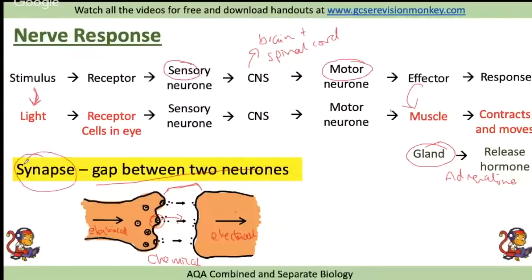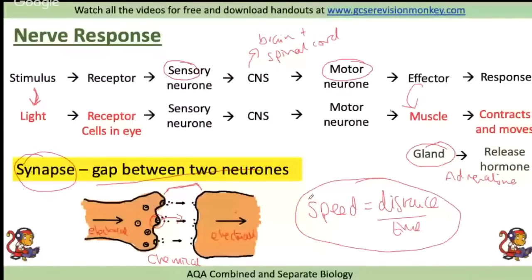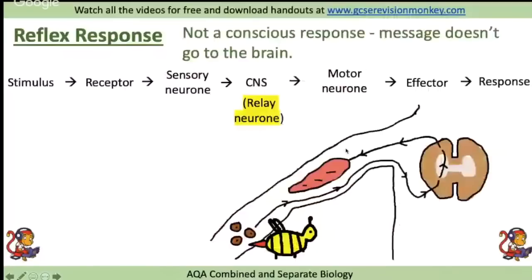And in the exam, they might talk about using the equation speed equals distance over time in relation to how quick nerve responses are, but they'll just expect you to know that anyway from Key Stage 3. So reflex response then, sometimes you have a very, very quick response and it doesn't go to the brain to be coordinated.